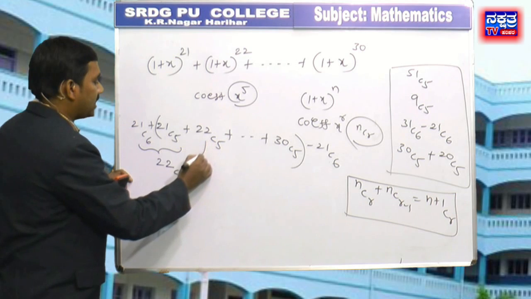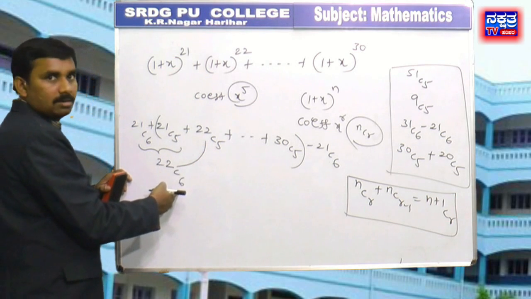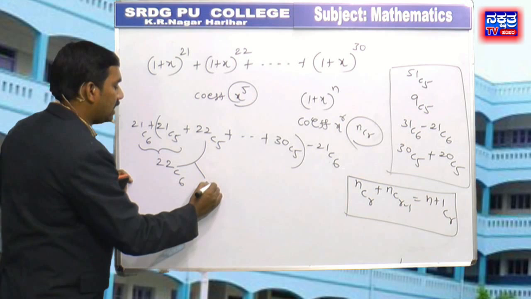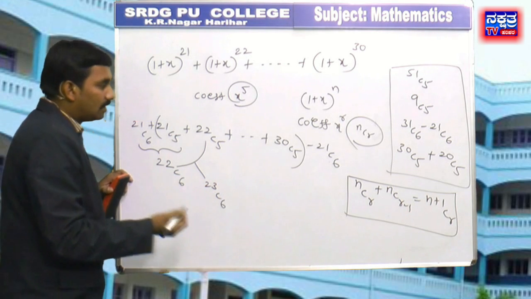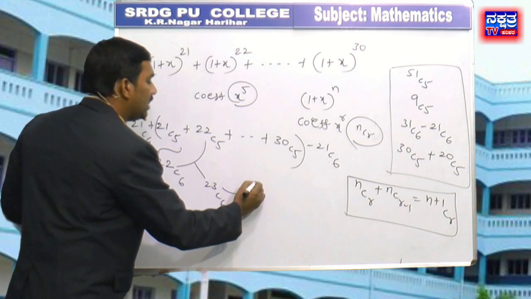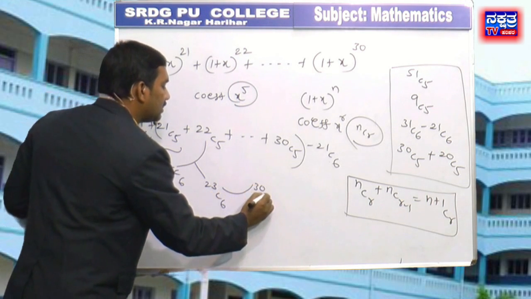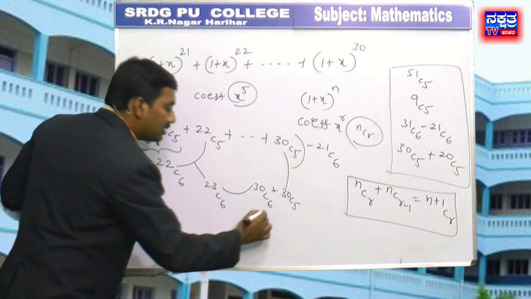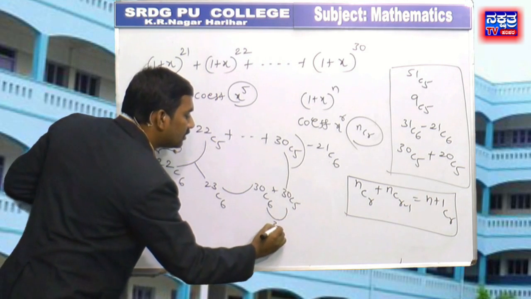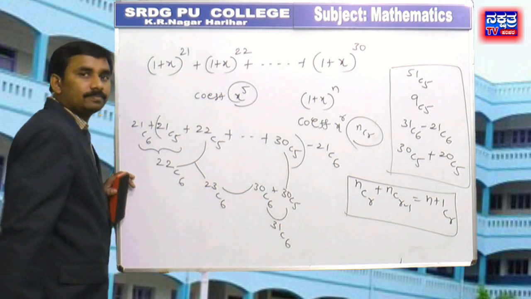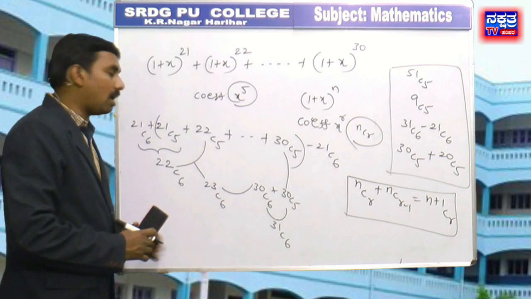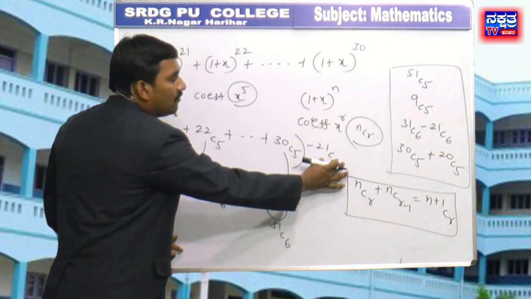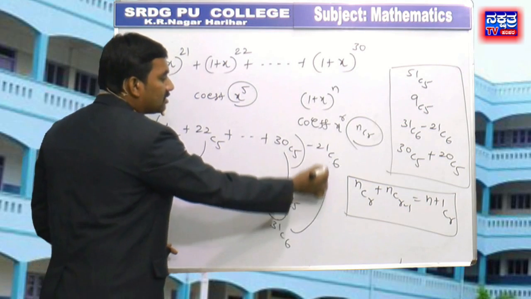Hence, by taking these two, then it will become 23C6, like that. If you continue, finally we will get 30C6 plus 30C5. This is the final term. Hence, these two will get 31C6. So, like this, in a chain way, we have to complete that. That is 31C6 minus 21C6. That is the final answer.